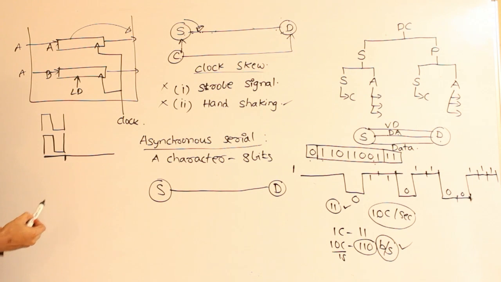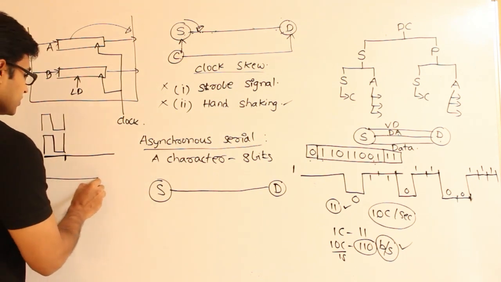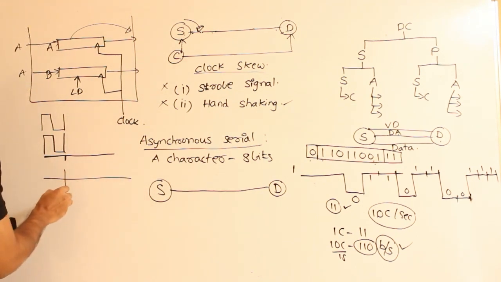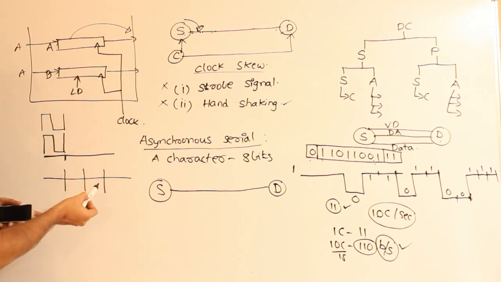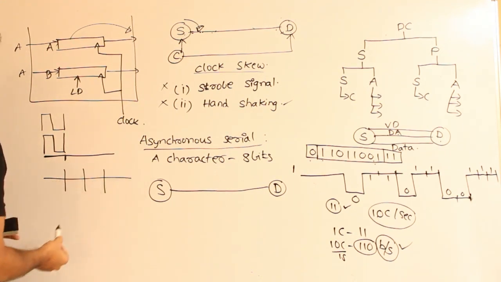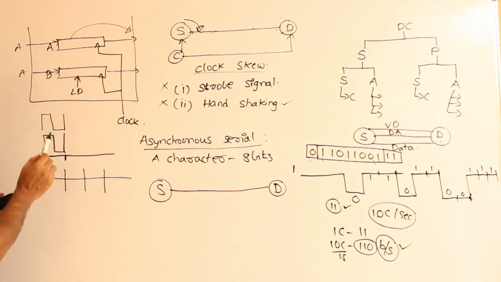So if one period at the destination for this duration is representing 1, then the source and destination both have to show the same thing, right? Let us assume that there is a small difference in the clock timings, and the clock according to source is something and according to the destination is something else, then there is a chance that you might miss out a bit. For example, if you are sending a series of ones, then there might be 4 ones according to the source, but according to the destination they might get 5 ones. The reason is the source and destination clocks are not synchronized, right?